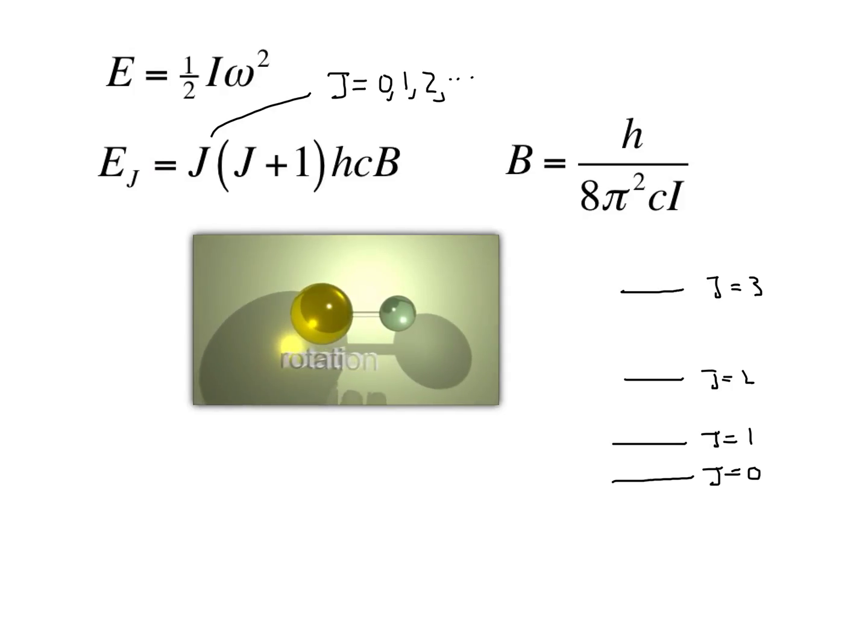The amount of energy required to cause this rotation is the difference in energy levels from where I started to where I ended up. This amount of energy is given by the quantity 2J plus 1 times Planck's constant times the speed of light times the rotational constant.